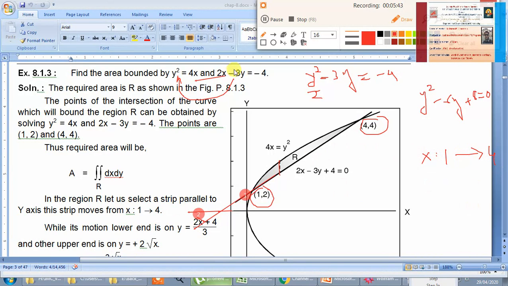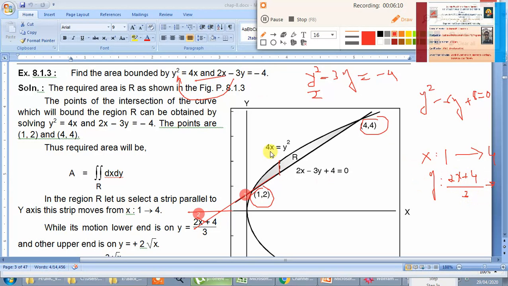What is the y value of the straight line? 3y is equal to 2x plus 4, so y is 2x plus 4 divided by 3.